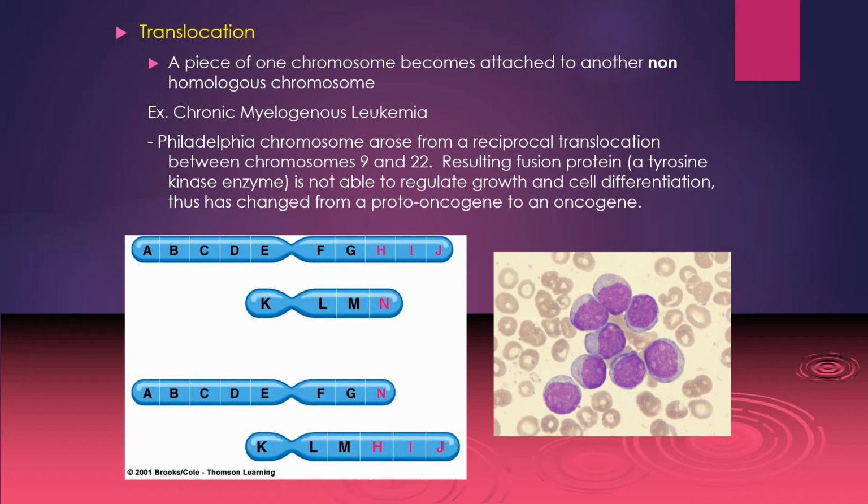The Philadelphia chromosome arises from a translocation. We call it reciprocal because the information lost from chromosome 9 attaches to chromosome 22 and vice versa. So you're not actually losing any genetic material, but where it attaches, where one of them attaches, results in a different protein, and that protein is more active where it's located. So now it's very active, and we now have lost the ability to regulate growth and cell differentiation.